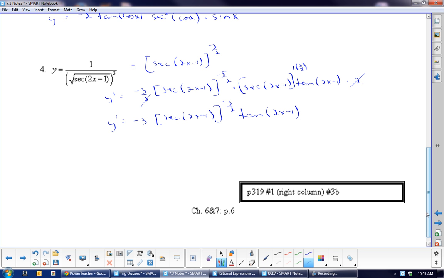Okay, and then the last thing you want to do is just make the exponent. So I got negative 3 tan 2x minus 1. And on the bottom, I'll put secant 2x minus 1 to the 3 over 2.